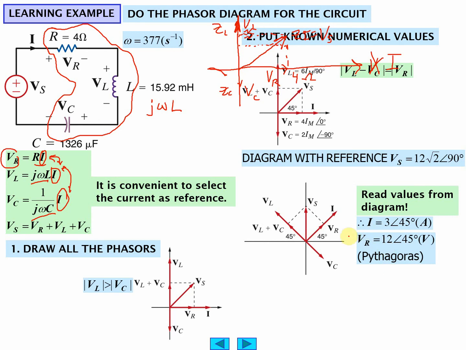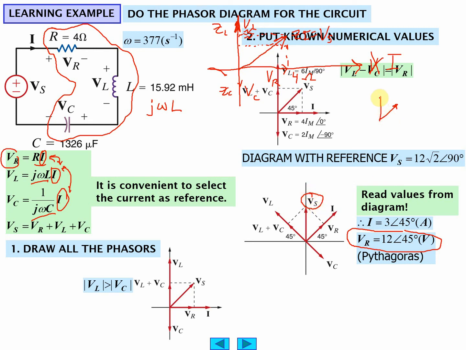If V is an amplitude of 12 at an angle of 45 degrees. So instead of going along the horizontal axis, V is going along the 45 degree angle. I would be 45 degrees, excuse me. I is at 45 degrees. The total Vs, there they're drawing it. I is at 45 degrees.